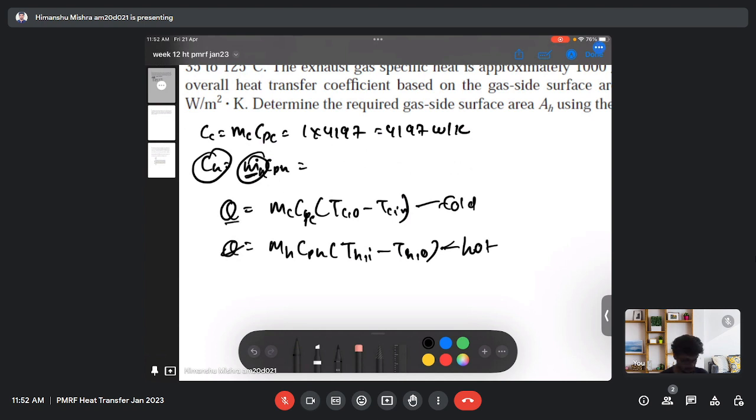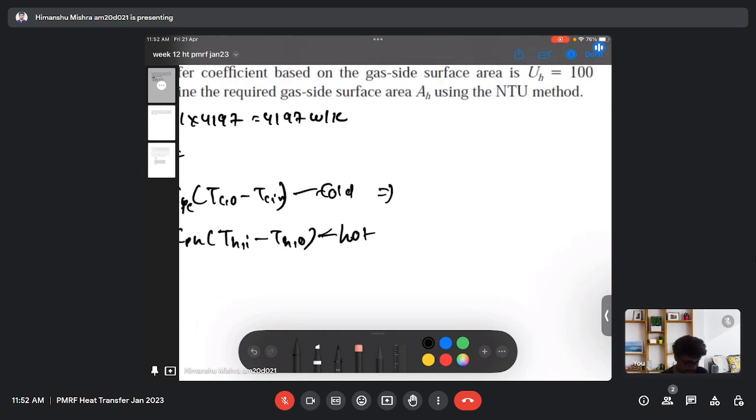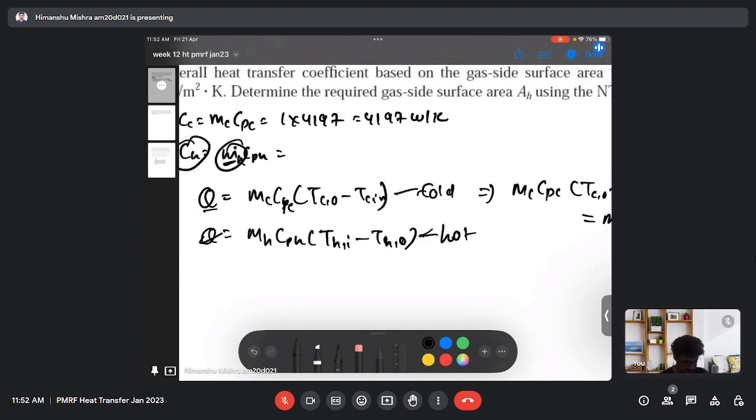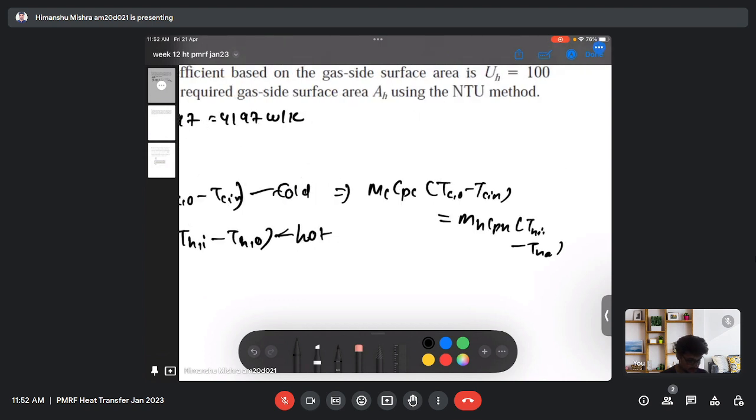Both are the same, therefore I can write them equal, because both these heat transfers are the same. This equals this. So just make both equations equal.